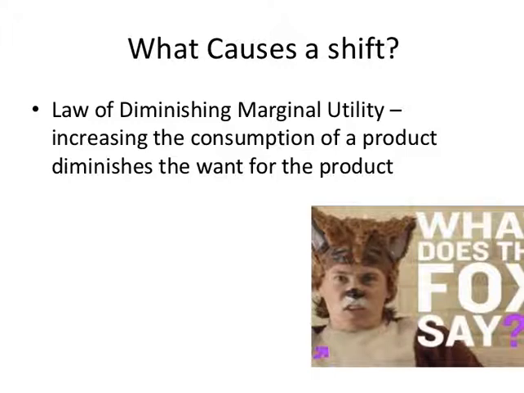And then we have the law of diminishing marginal utility. This is where a fad or a demographic or a population will have an opposite effect. You hear it so many times, you look at it so many times, that it will then decrease the consumption of something.